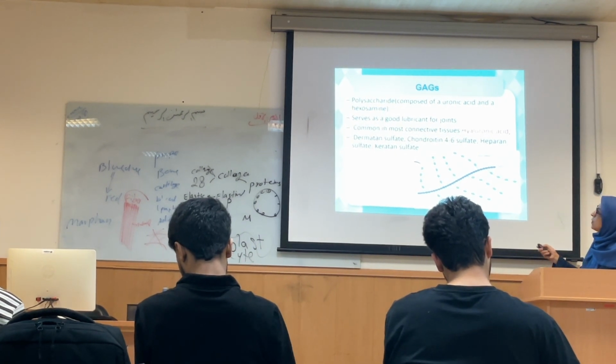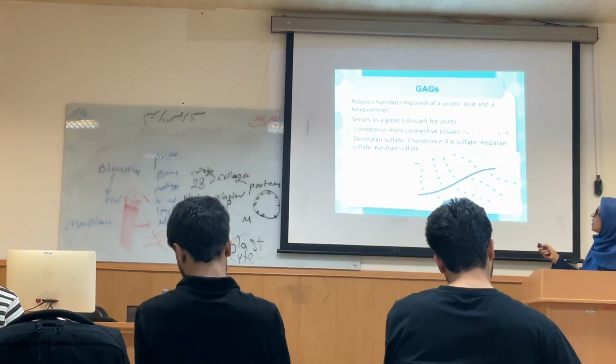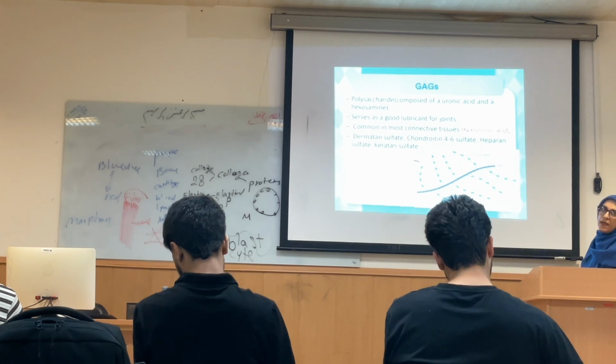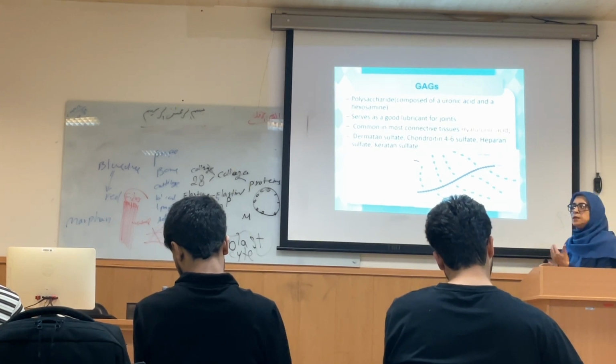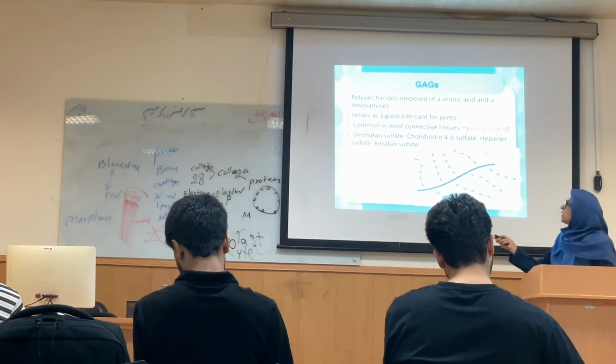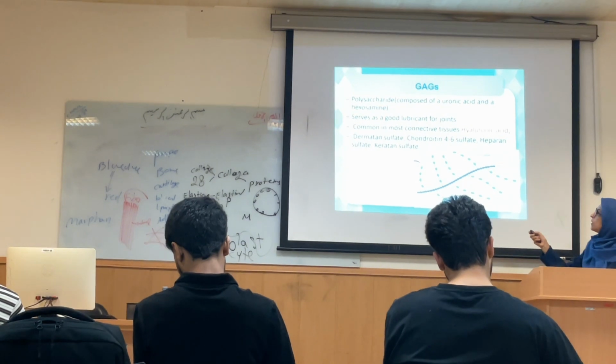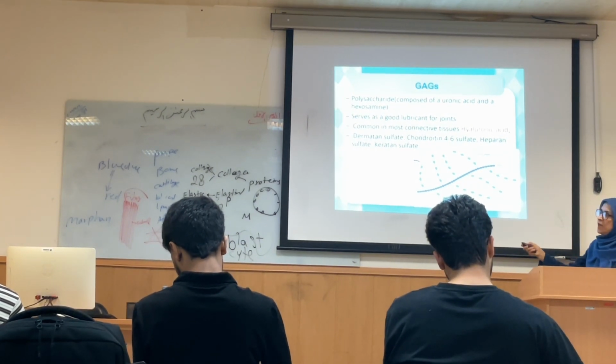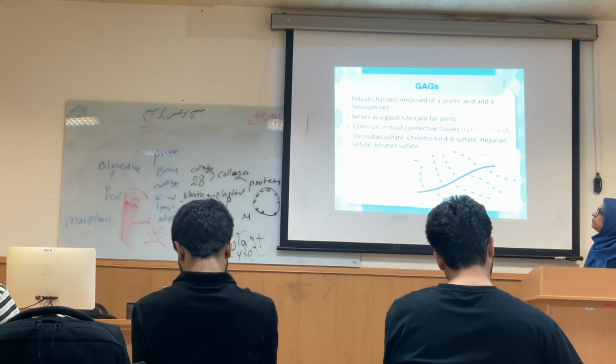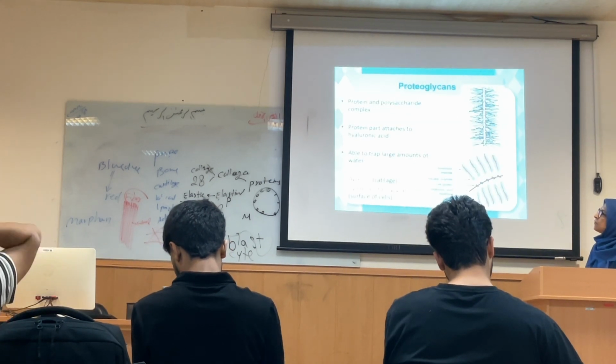The common GAG in connective tissue is hyaluronic acid. Hyaluronic acid is more abundant than the other types. Also, there are other types whose names you can see. Maybe this is one of the questions: the most abundant GAG.